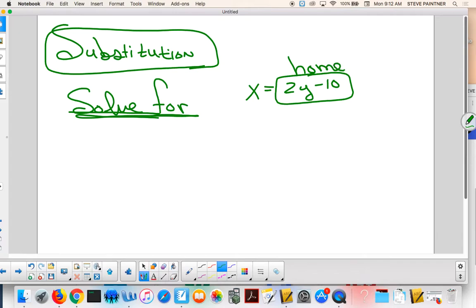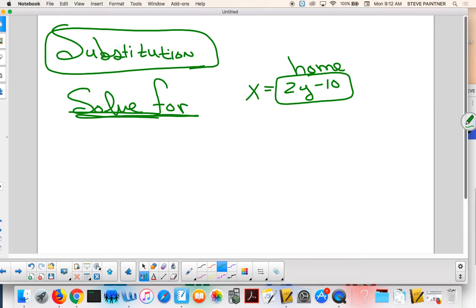Okay, then once you got to that point, step 2. Blank the expression. Hey, that's the expression. Blank the expression into the blank equation in place of the isolated variable. Substitute the expression.